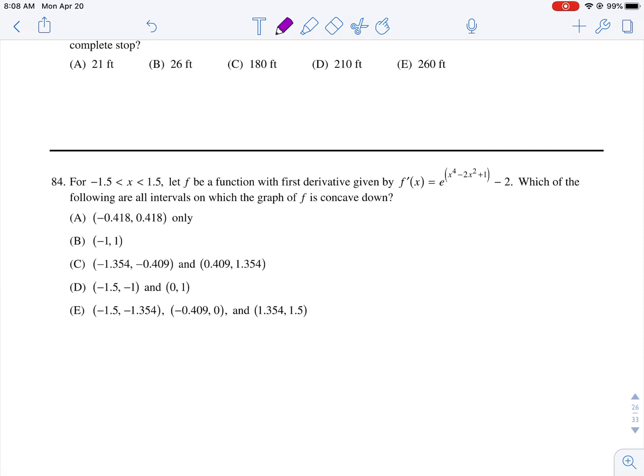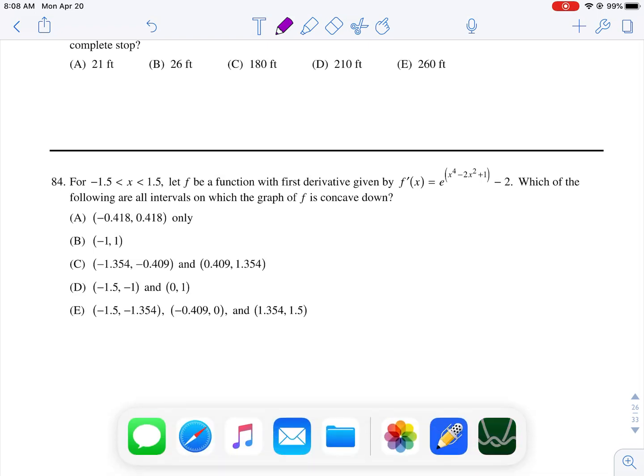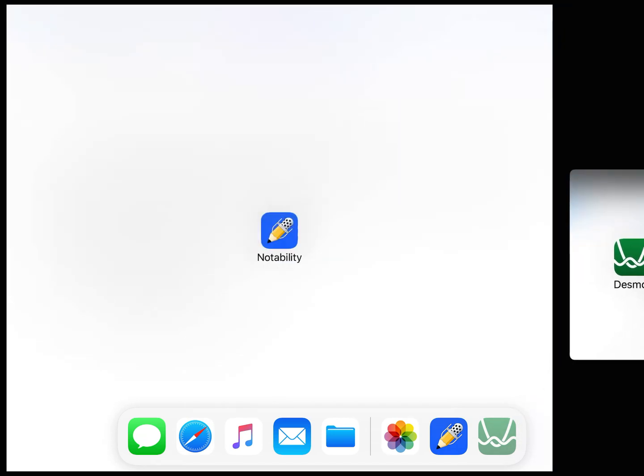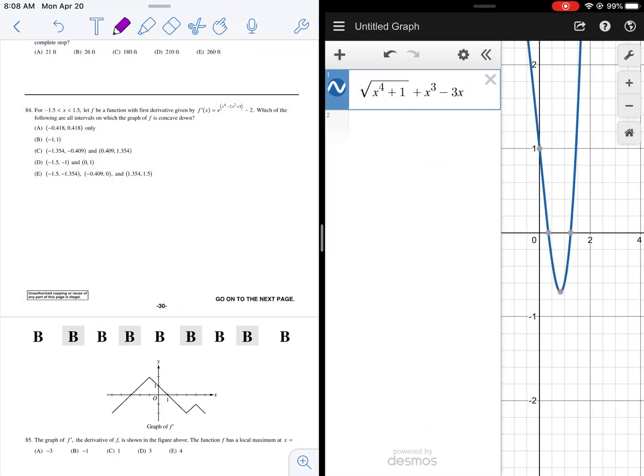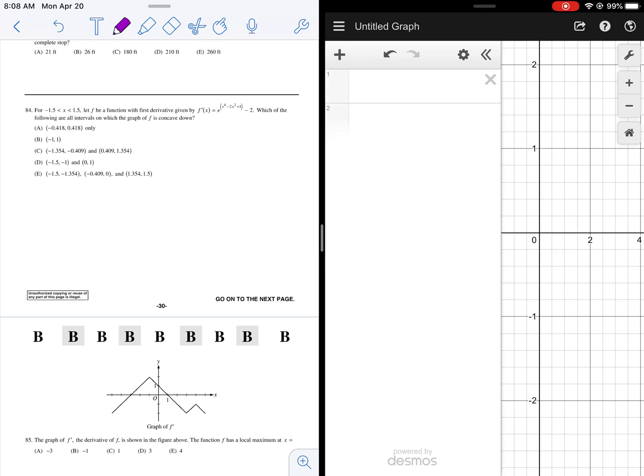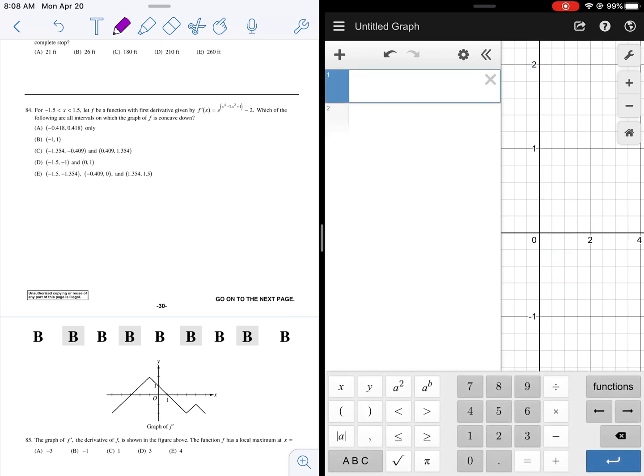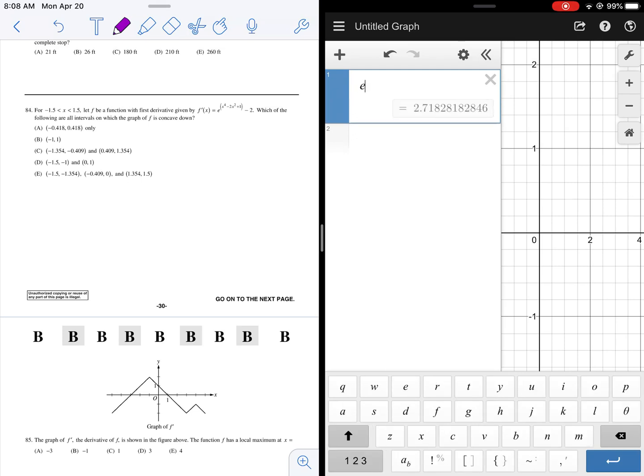We're given the derivative. Where is the graph of f concave down? So that is where f prime is decreasing. You could find the second derivative if you wanted and graph it and find where it's below the x-axis. But that's creating extra work for yourself because you can just use a calculator for this and use the given function.